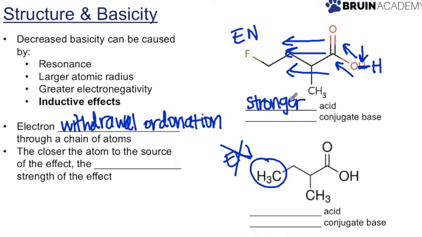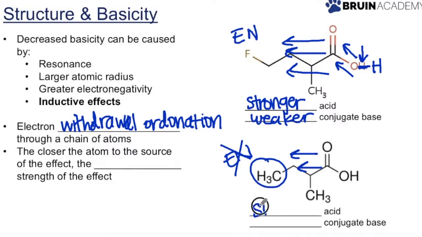As a result, when you have a stronger acid, the rule is that you will have a weaker conjugate base, since they are opposites and inverses of each other. Let's take a look at this molecule now. Compared to the fluorine here, we have a methyl group, which I said is not as electronegative. So you don't have anything pulling the electrons as strongly towards the methyl group. This hydrogen is better able to stay attached to the rest of the molecule.